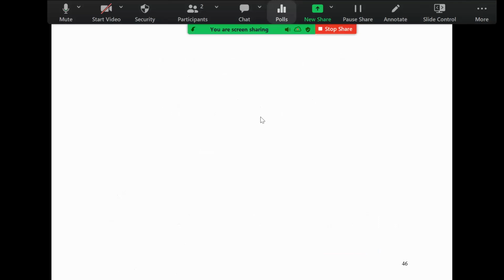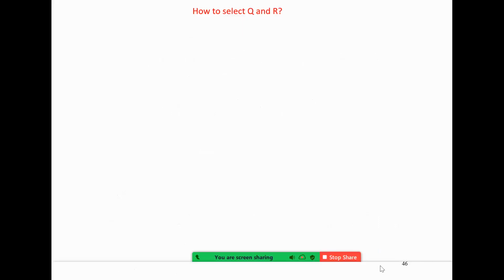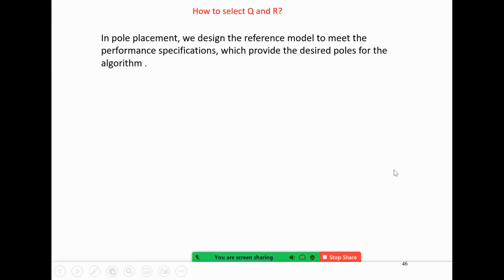So we say, okay, it can be solved. Probably the calculation may be kind of tedious, but let's talk about some other things. How to select those Q and R? At the beginning we said the Q and R are just the weights, which define the relative importance of the state vectors and the input values.